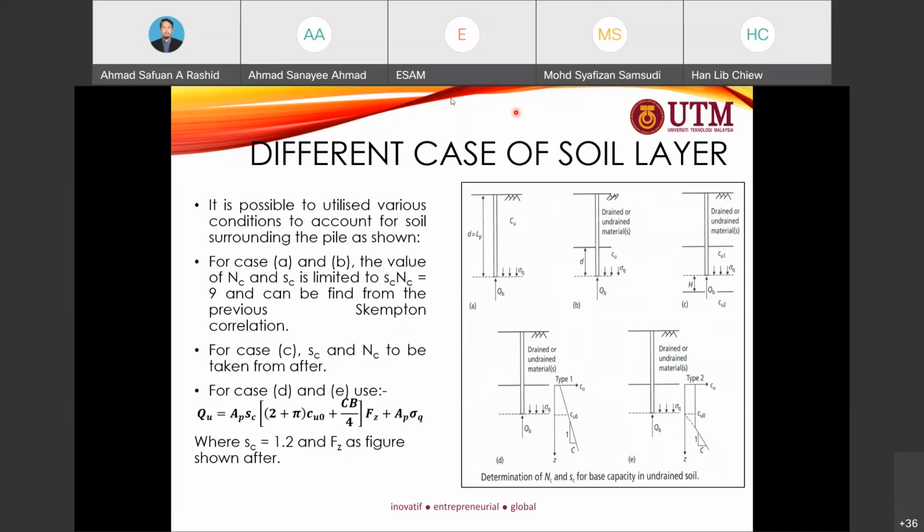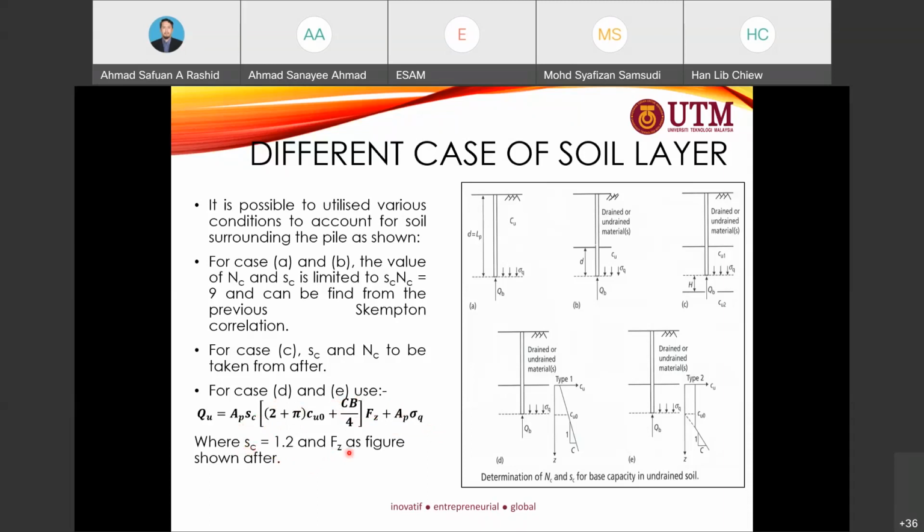For case C, NC and SC are to be taken from the figure after. For cases D and E, use this formula: AP times SC times 2 plus pi Cu plus CB over 4 FZ plus AP sigma Q, where SC is equal to 1.2 and FZ is as in the figure shown after.